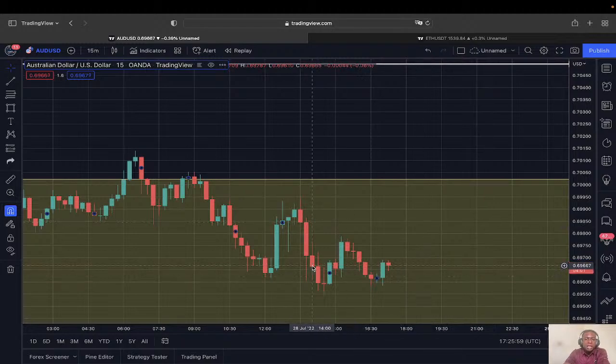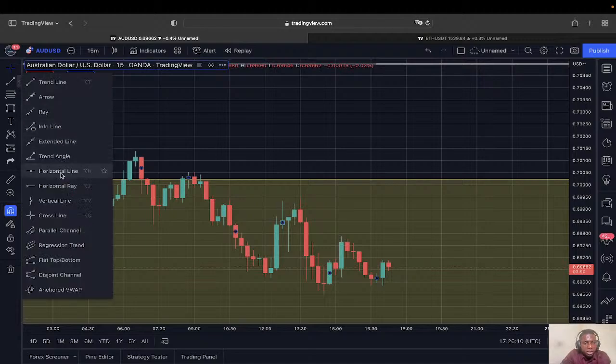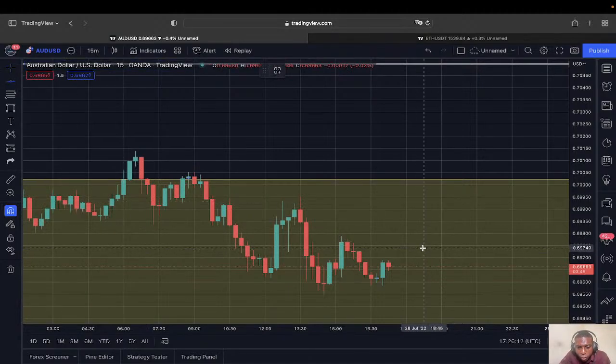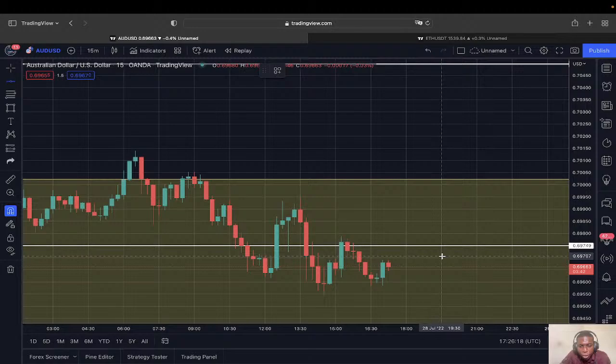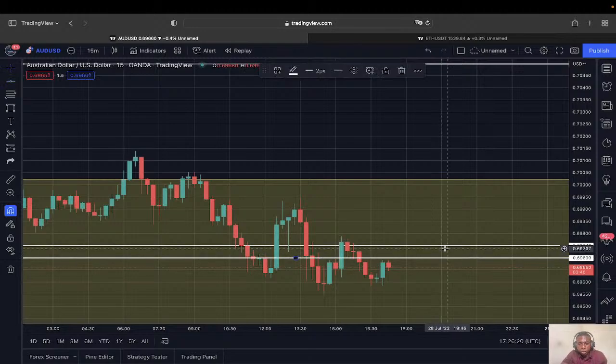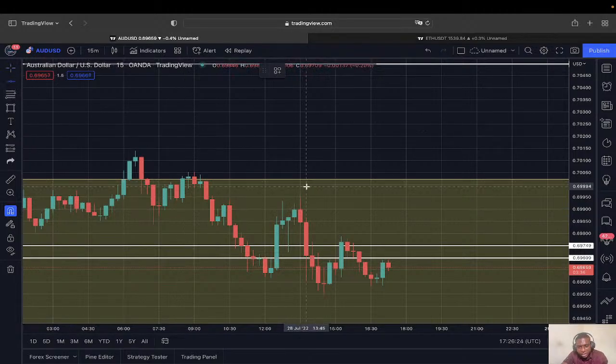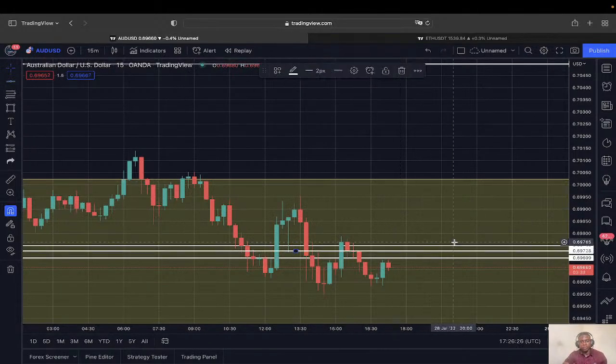So now, as a scalper, you want to enter and exit the market. This is for educational purposes only. So what do scalpers do? They want to lock in profit. A scalper looks to take profit at this level, or at this level, or even at this level. Do you get it now?